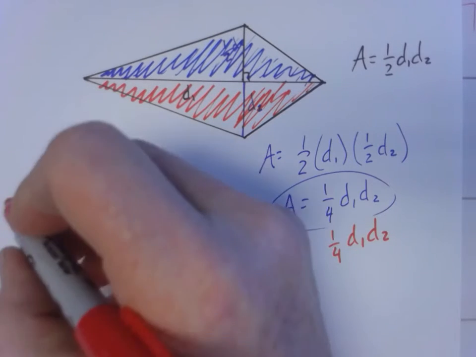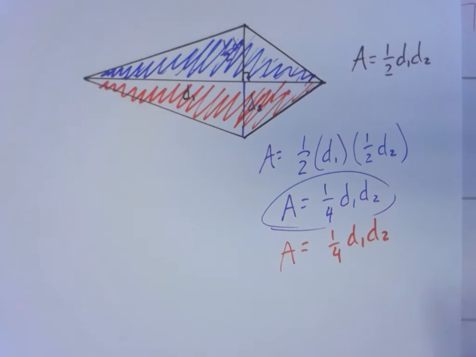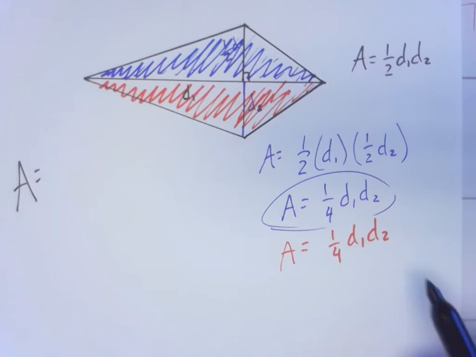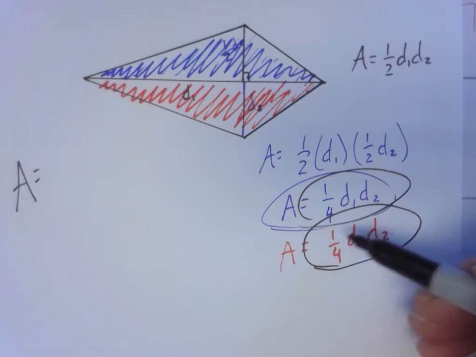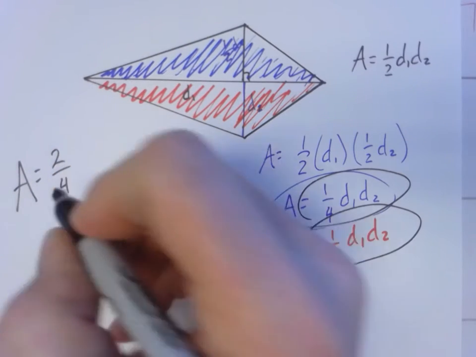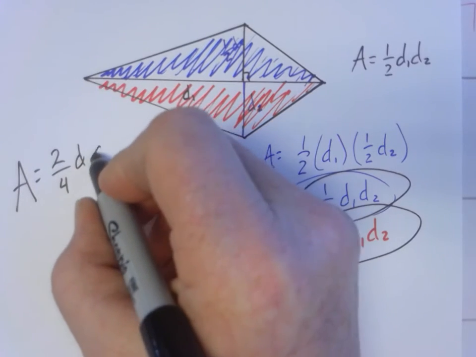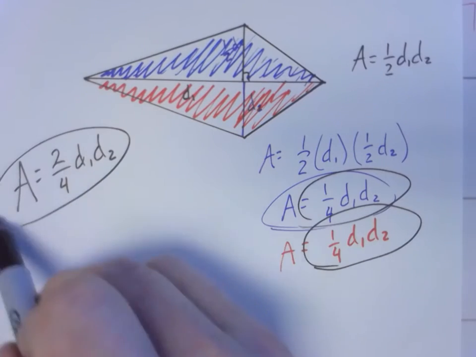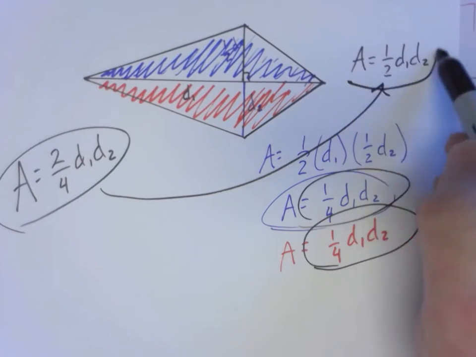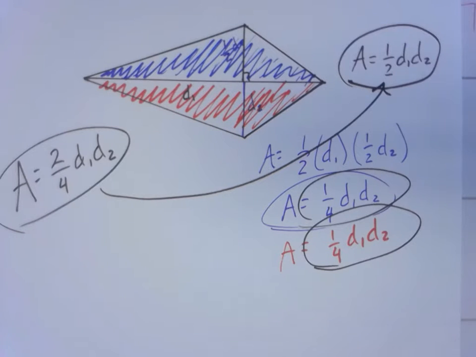And so that makes the entire area of the kite, let's just add these two together, okay? 1/4 plus 1/4, that's 2/4, times diameter 1 times diameter 2. And I hope you know that that would be 1/2, wouldn't it? Okay, so that's how I look at it. Whenever I look at a polygon, I'm thinking about how can I find the area of this thing, just making a bunch of triangles and dividing it up.